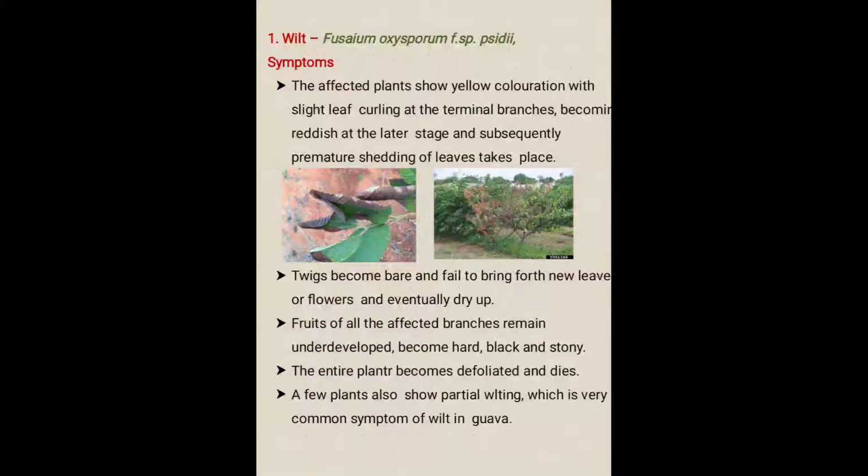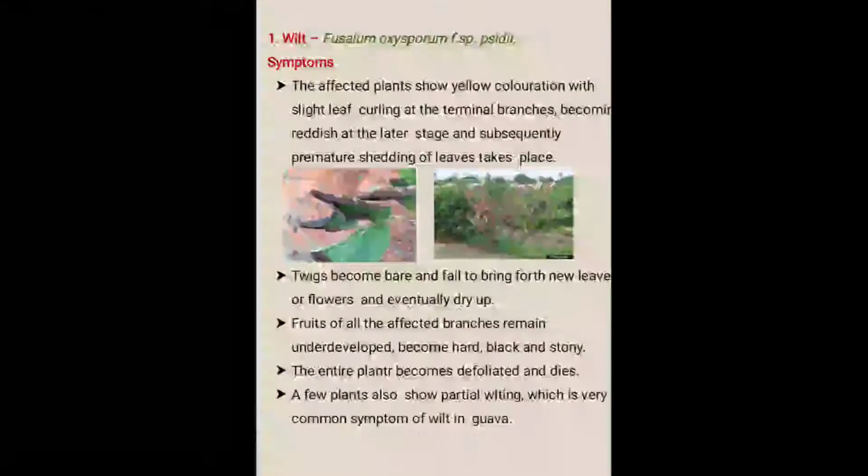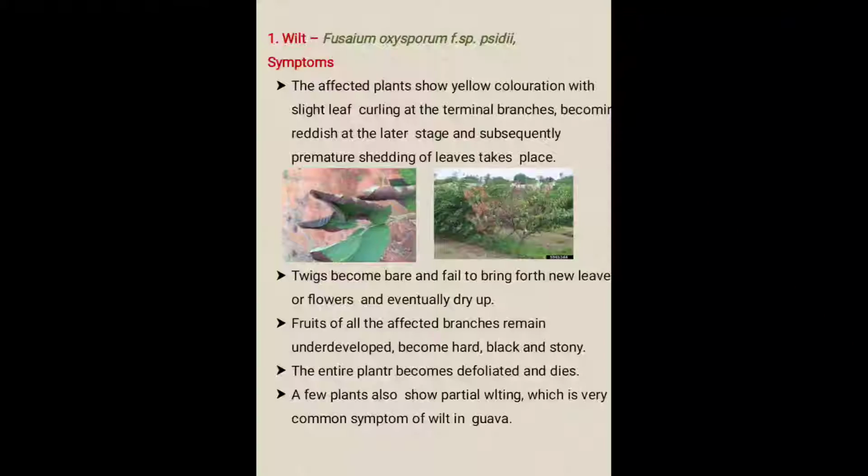Fruits of the affected branches remain underdeveloped, means there is no proper development of fruits, and fruits become hard, black and stony.